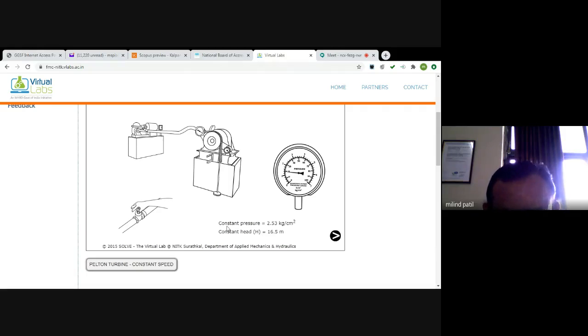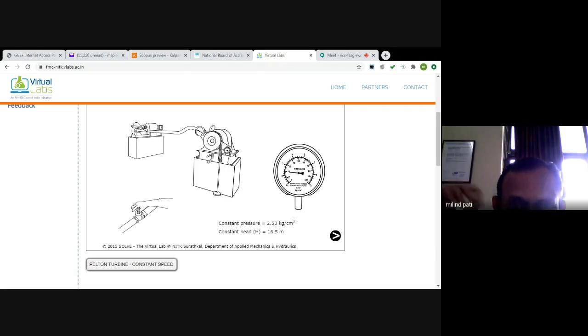Okay, now what is the constant pressure? 2.53 bar, kg per cm square. Why? Because we selected head equal to 16.5. How does it come? 16.5 is your head. So P equal to rho g h, 1000 into 9.81 into 16.5. Find out the answer.